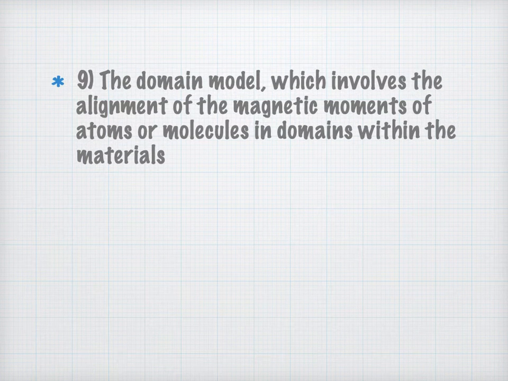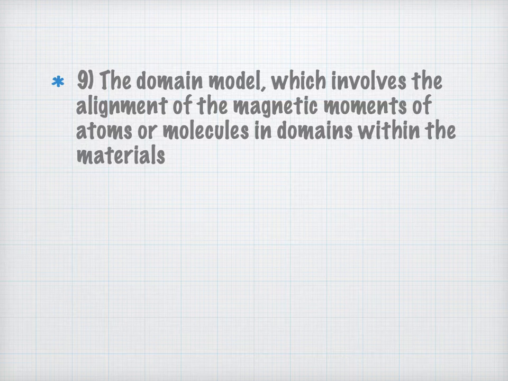Okay, number 9 says, what is the best model for explaining magnetism today? And this is really interesting because magnetism is still not understood very well. And so they give us this. The domain model is the best model, and this involves the alignment of the magnetic moment of atoms or molecules in domains within the material. So it's really about aligning atoms and molecules.